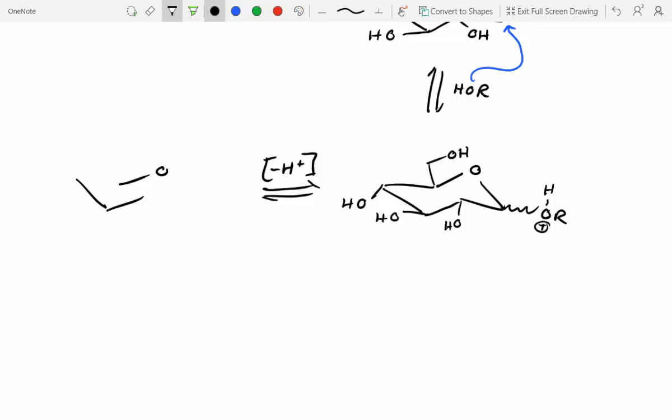All a glycoside is a reaction where, instead of having an OH, you've got some sort of other nucleophile that added into the anomeric carbon.